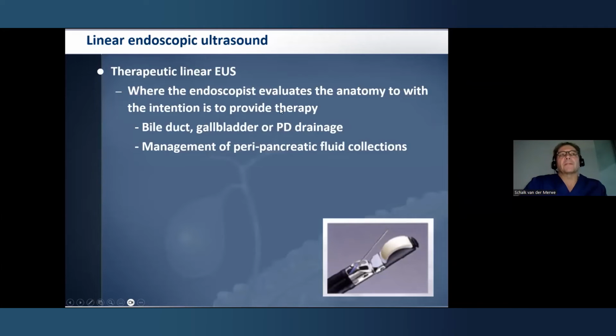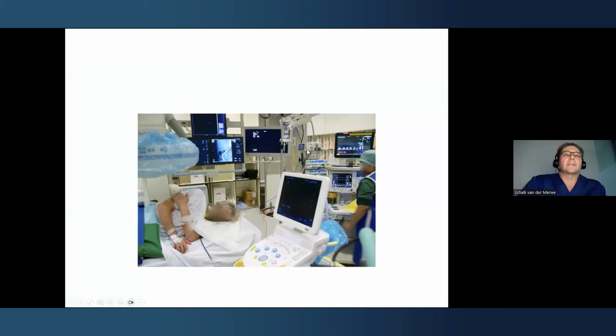So the objective is slightly different. And there the aim is not specifically to evaluate the anatomy completely, but it also brings with it specific information that you need to seek, and it is important that the endoscopist be aware of the anatomy in this setting.